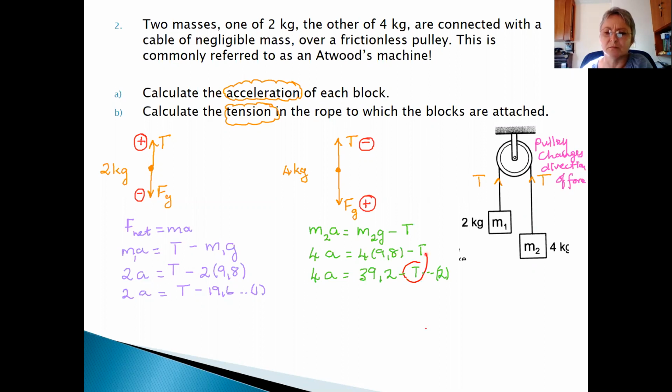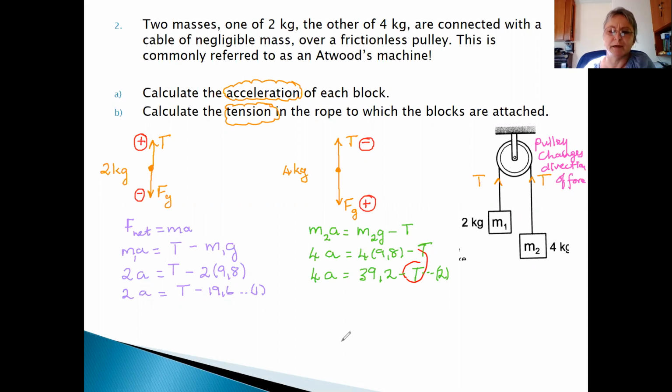What's happening here? Sounds like there's a retarded motion here. Tension is negative.